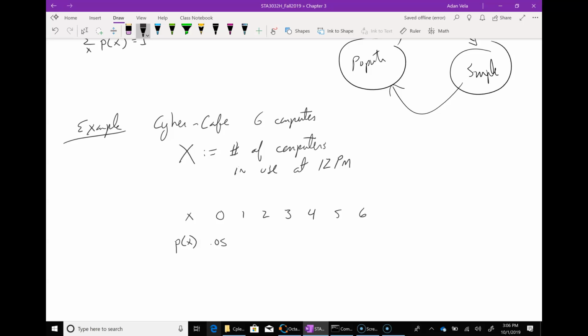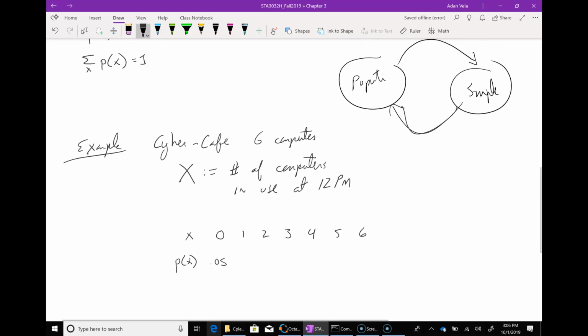In this other case, I'm dictating, right? I'm telling you, this is the probability. At some level, these lines blur a little bit because usually we use statistics to infer these probabilities, right? So there's certainly a relationship there. And that is the loop between the population and the sample.